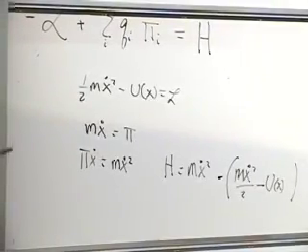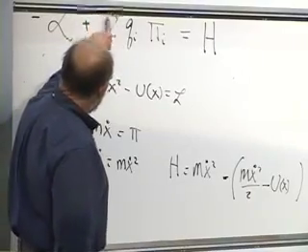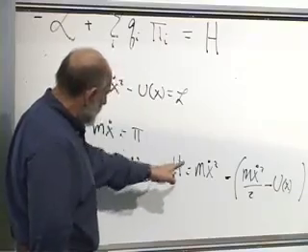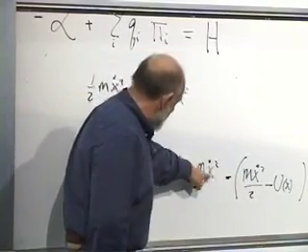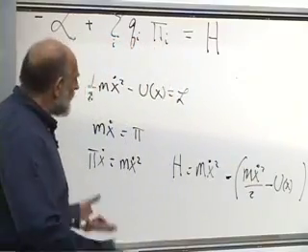So one term comes from the pi q dot, that's m x dot squared, and then we subtract off the entire Lagrangian. Notice what happens. What's m x dot squared minus m x dot squared over 2? It's just m x dot squared over 2.